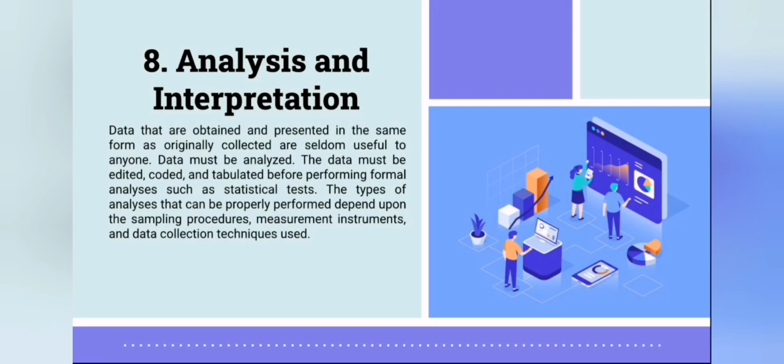The types of analysis that can be properly performed depend upon the sampling procedures, the measurement instruments, and data collection techniques used. Consequently, it is imperative that the techniques of analysis, associated descriptive or prescriptive recommendation types, and presentation formats be selected prior to the data collection.